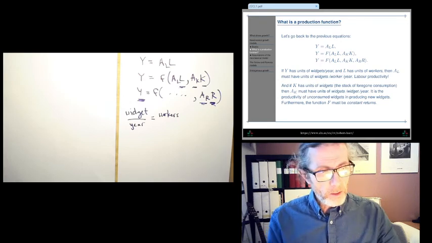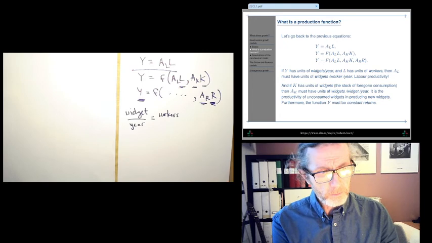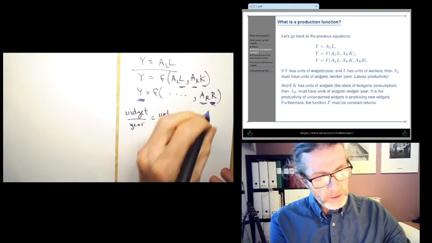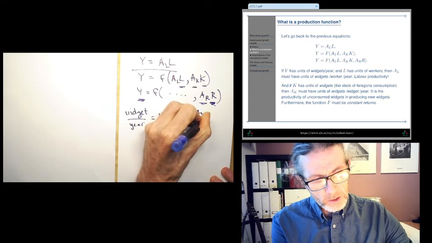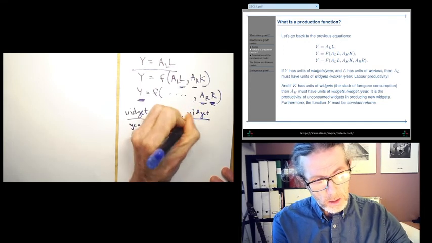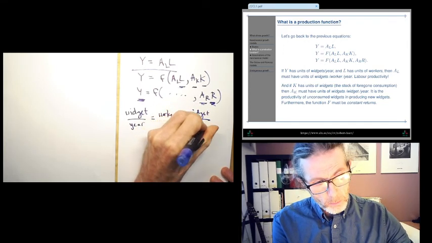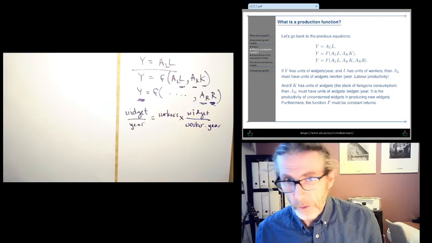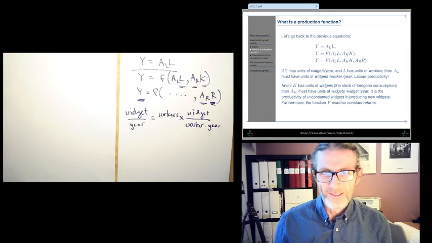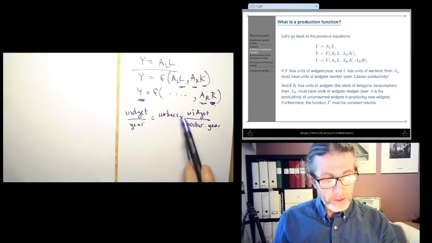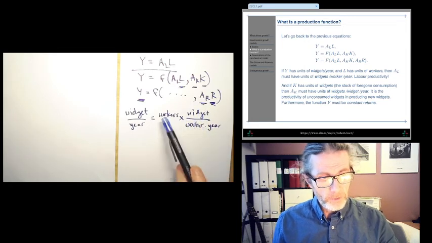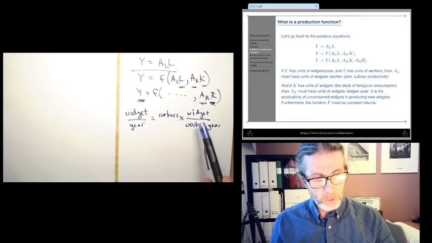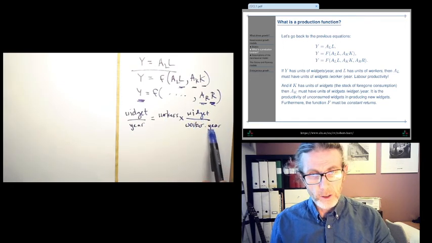Then clearly A L must have units of widgets per worker per year. Otherwise, the units don't balance. And this is nice because this is a productivity: the labor force is in workers, and this is the productivity of each worker, widgets per worker per year.